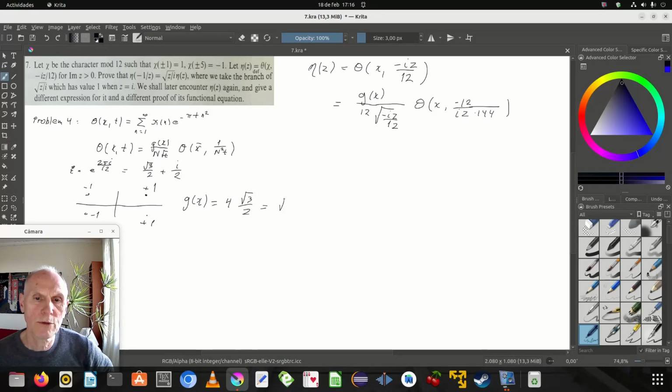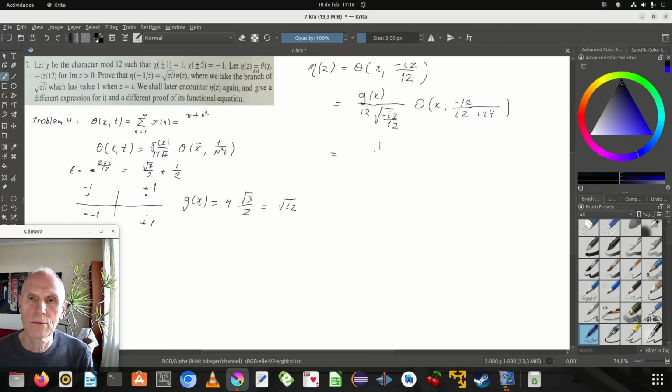It's plus square root 12. That means we get square root 12 here, which cancels, which together with this square root 12 up there gives 12, cancels that.